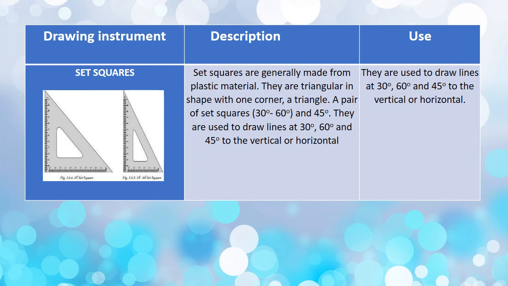The last drawing instrument we have is the set squares. Set squares are generally made from plastic material. They are triangular in shape with one corner a right angle.